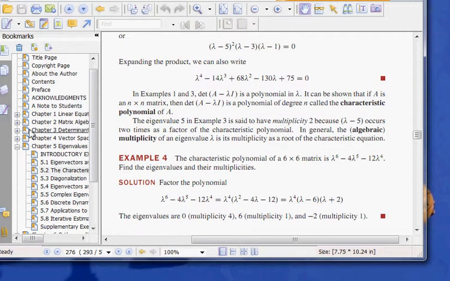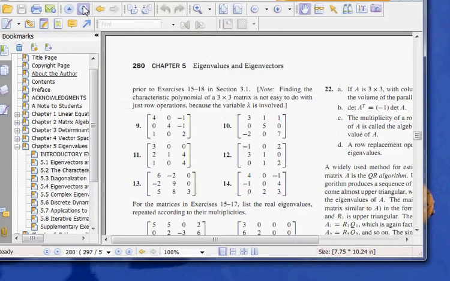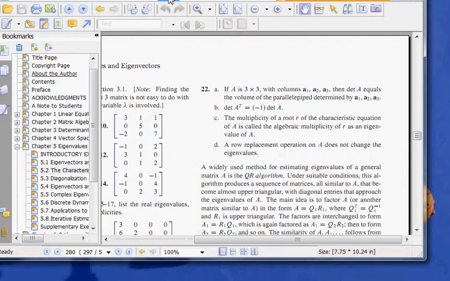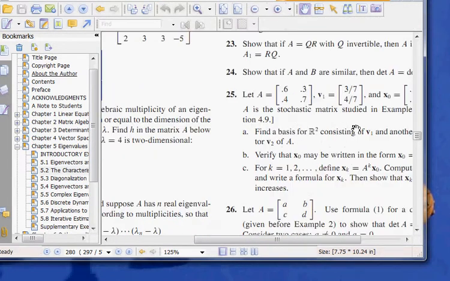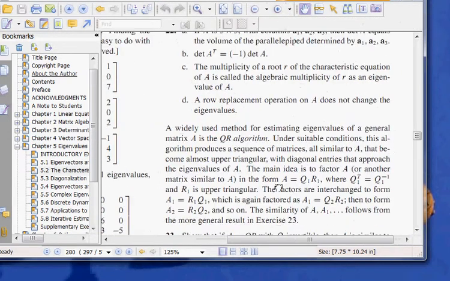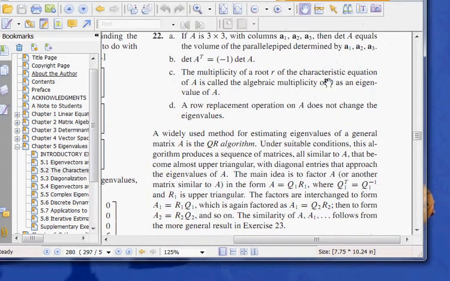Read this sentence again if you have to. So what the question says, the multiplicity of a root R of the characteristic equation of A is called the algebraic multiplicity of R as an eigenvalue of A. This is true, and that sentence right there just said so.